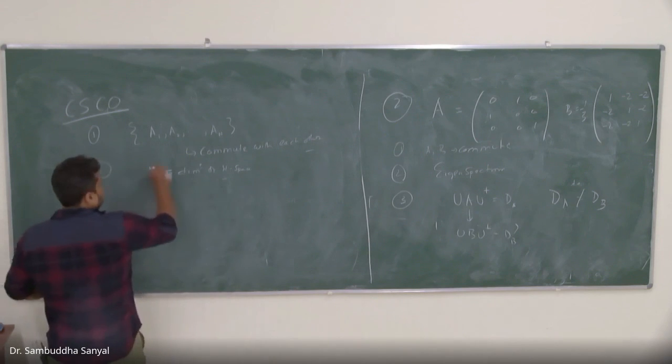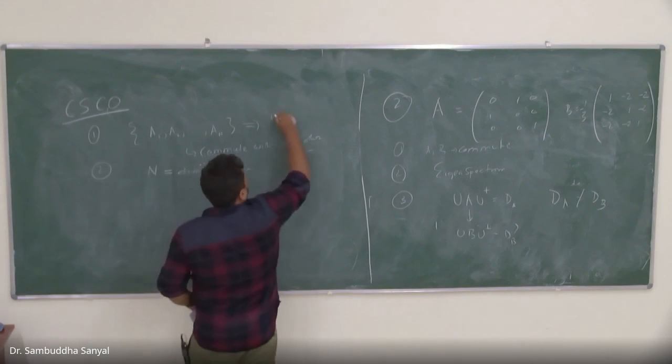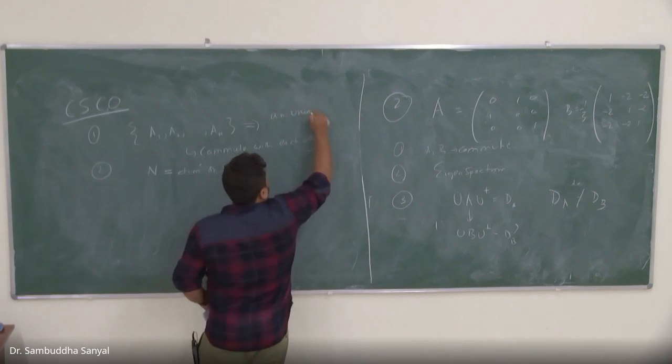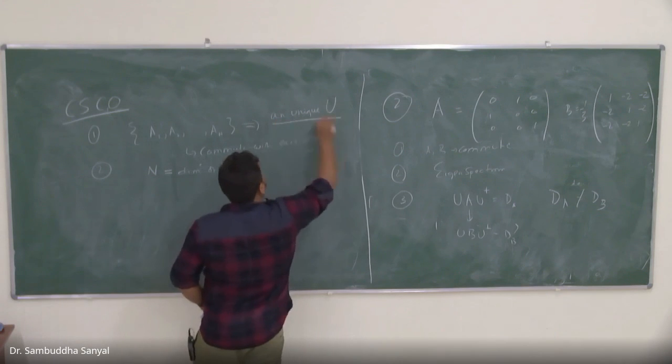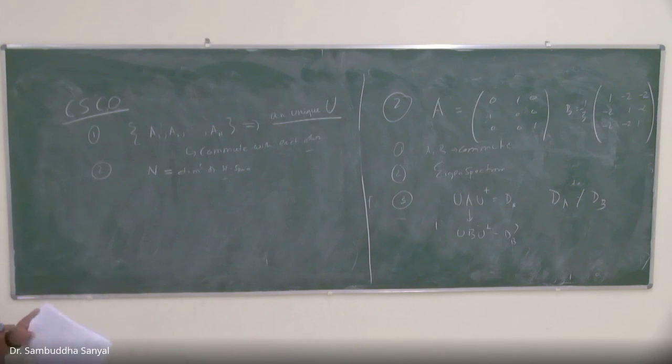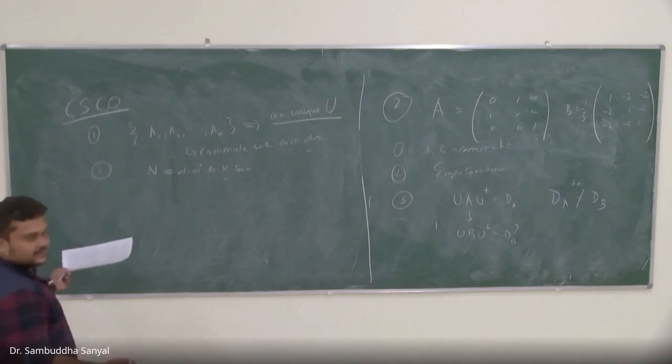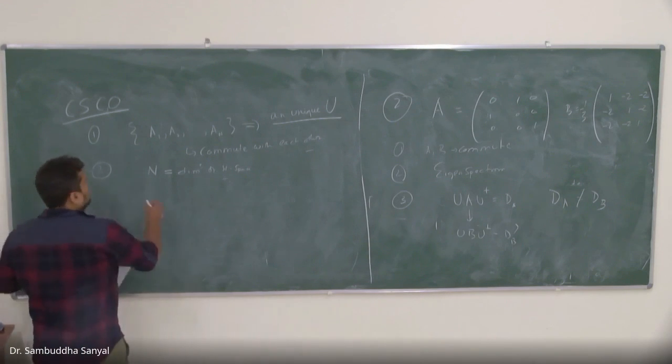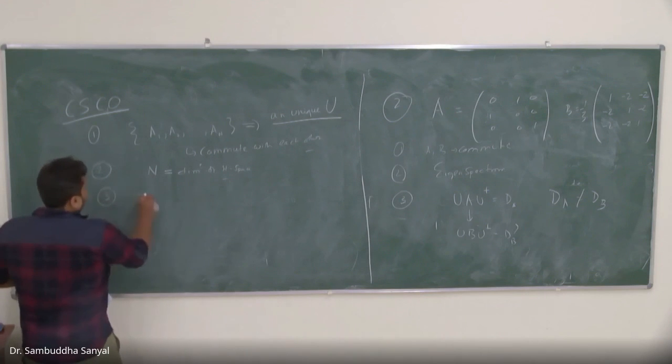So this also means there is a unique U which diagonalizes all of them. There is one set of eigenvectors that they all share, and that can be labeled by their eigenvalues.